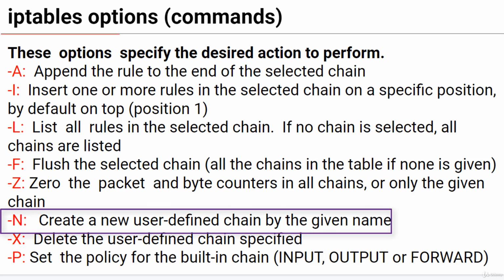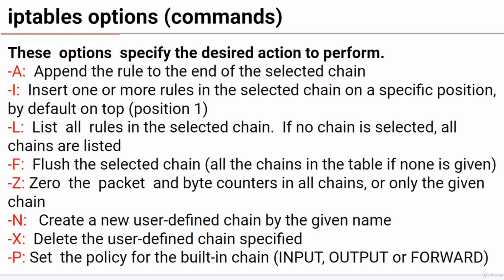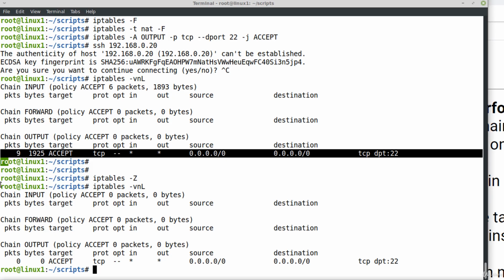-N creates a new user-defined chain by the given name. We can create user-defined chains simply by writing iptables -N and the name of the new user-defined or custom chain: iptables -N mychain.